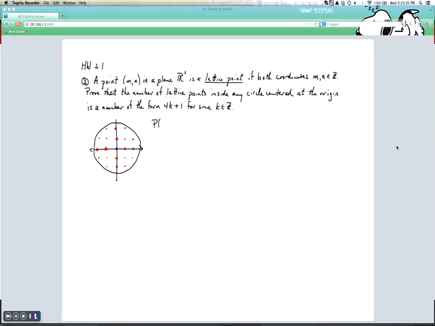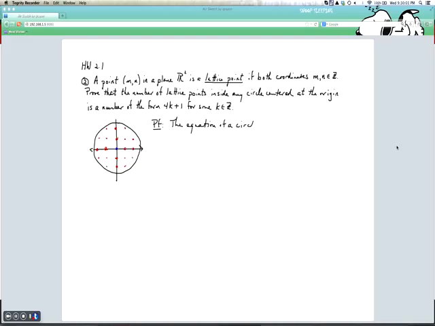I will start this with just a statement of the equation. I want to talk about the radius, so let me go ahead and say it.